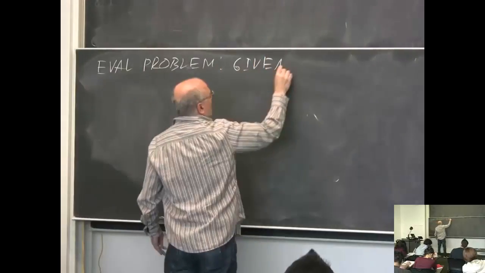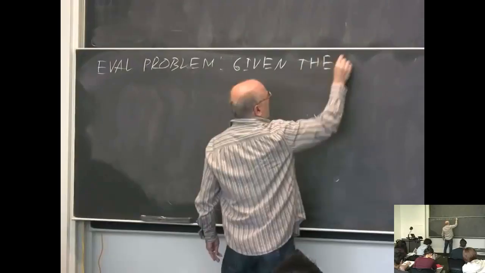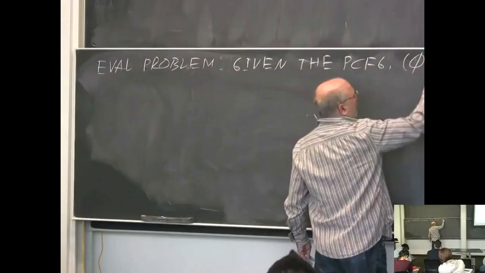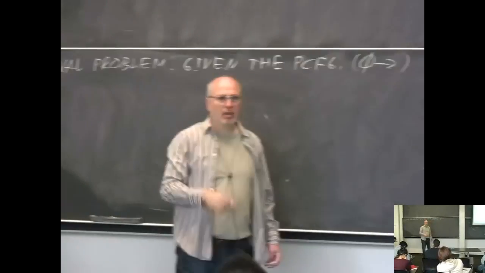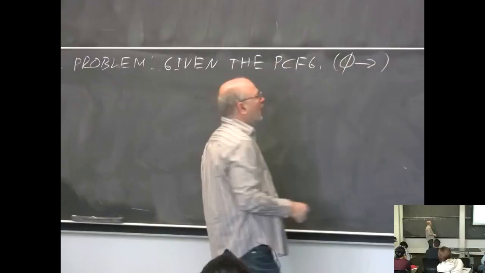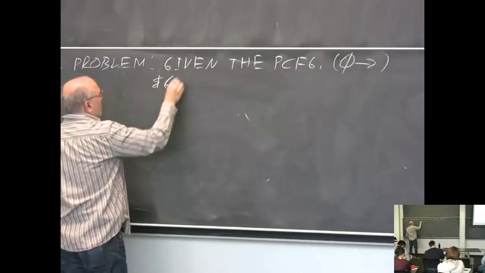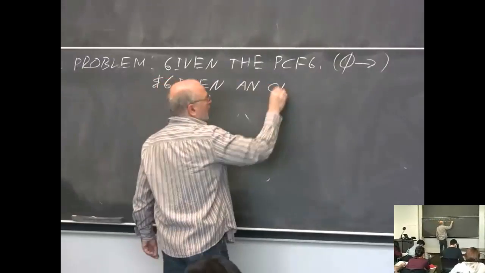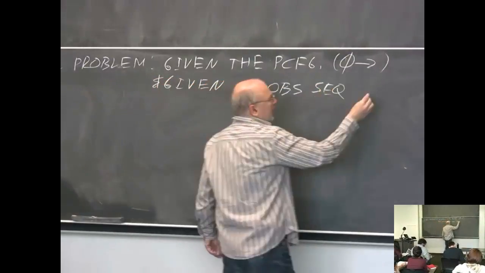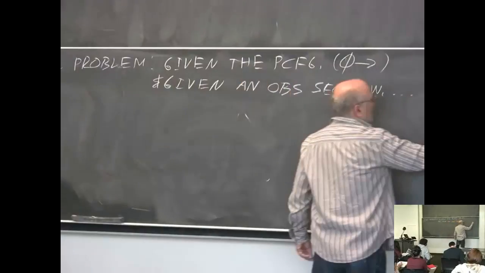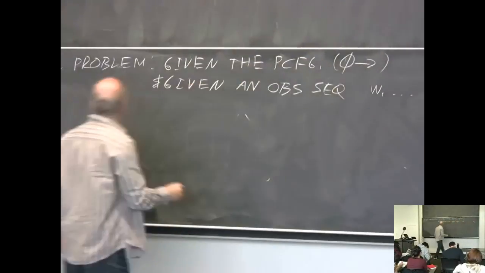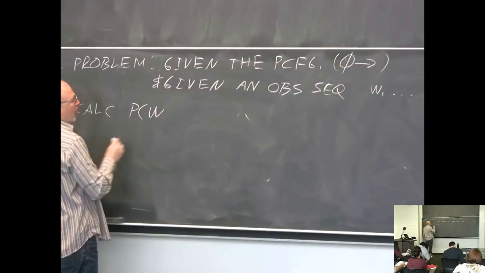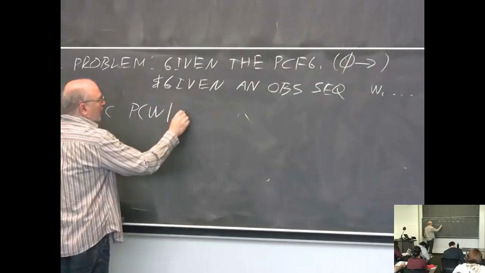Given the model, the PCFG, which means you're given all of these productions and the probabilities, and given an observable sequence, namely the sentence W1 to Wn, calculate the probability of the observed sequence given the model.